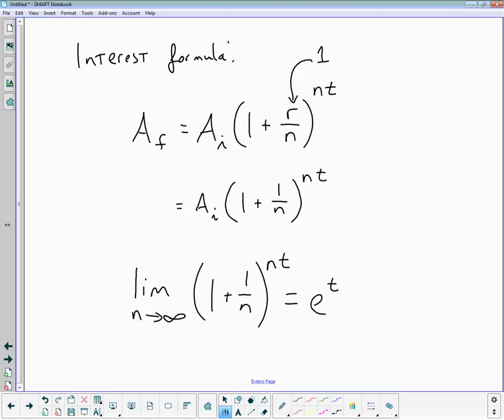Okay. So what I'm talking about here is that we can model growth using the exponential function because the exponential function is a continuous function. It's a smooth curve, okay? Whereas if I was doing compounded interest per month or things like that, it would look like a step function.